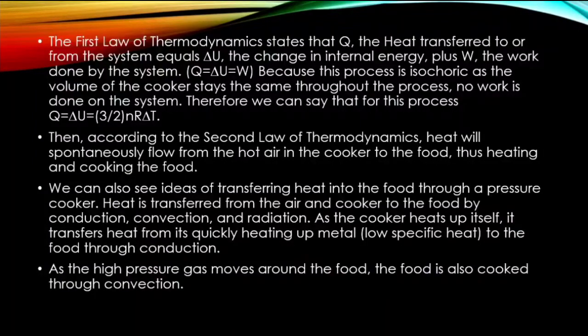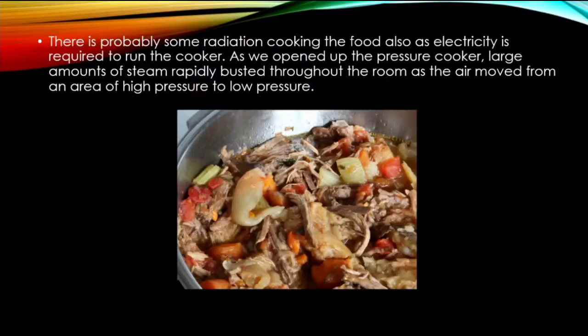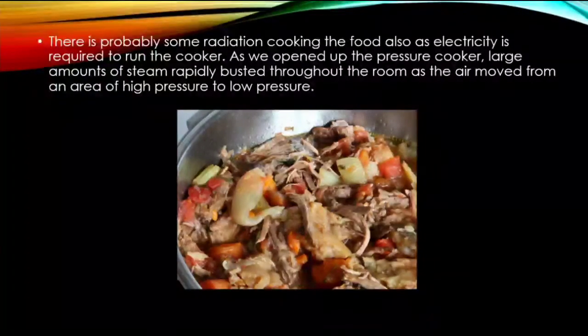As the high pressure gas moves around, the food is also cooked through convection. There is probably some radiation cooking the food, also as electricity is required to run the cooker.